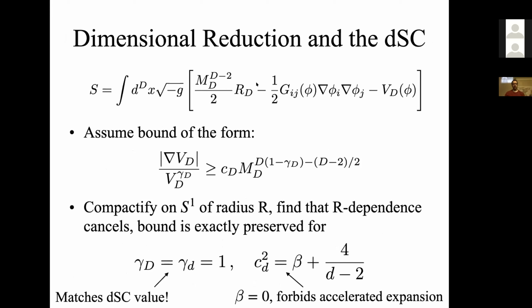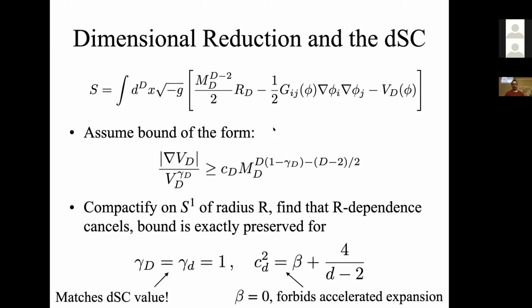So let's start with the de Sitter conjectures. We start with an action of this form. It has gravity. It has a collection of scalar fields with a scalar field potential. And we're going to assume a bound of this form, like the one that shows up in the de Sitter conjectures, a lower bound on the gradient of the potential. Here, we're going to have the potential raised to some power gamma, where gamma is some order 1 number to be fixed later, and C_d here is this order 1 coefficient also to be fixed.